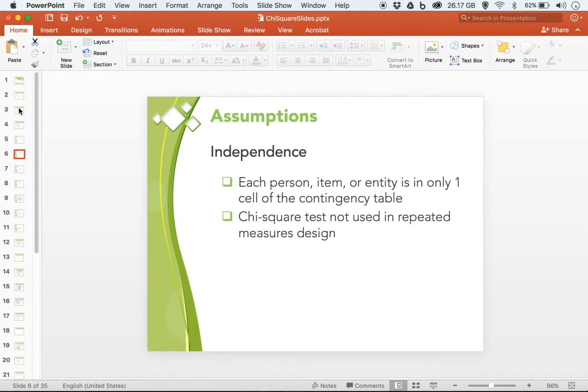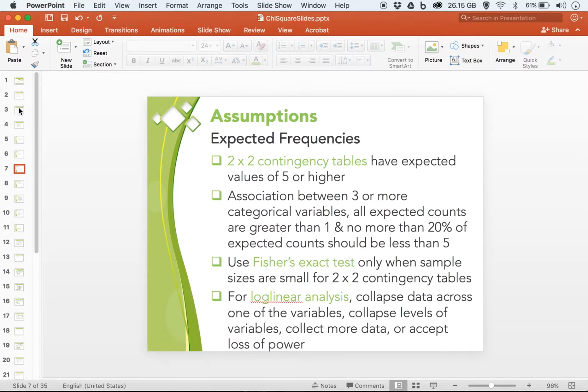But what we can make sure is that for the chi-square test to be meaningful, it's really imperative that each person, item, or entity contributes to only one cell of the contingency table. So therefore, you can't use a chi-square test on a repeated measures design.